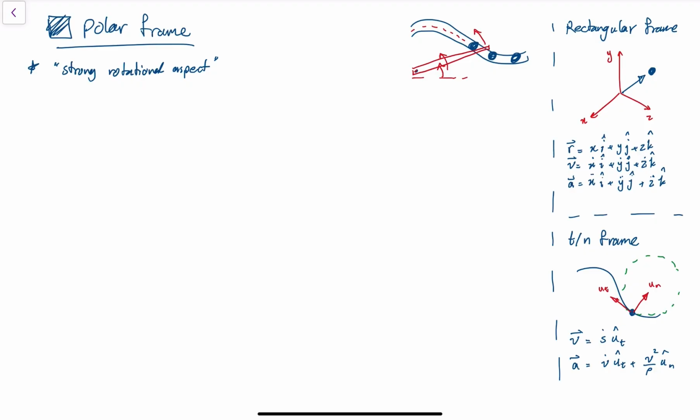Okay, so let's be systematic and, like before, first define a set of coordinate frame in a meaningful way. So let's pretend we have some arbitrary path, a particle. This path could be arbitrary and we may or may not even know it, but I just draw it for the purpose of showing it.